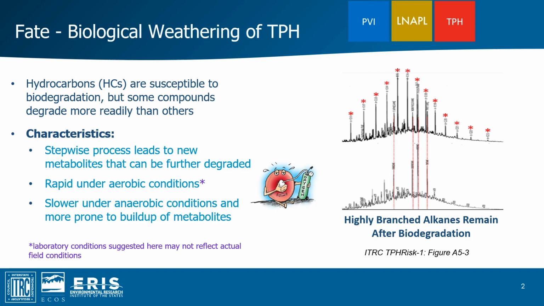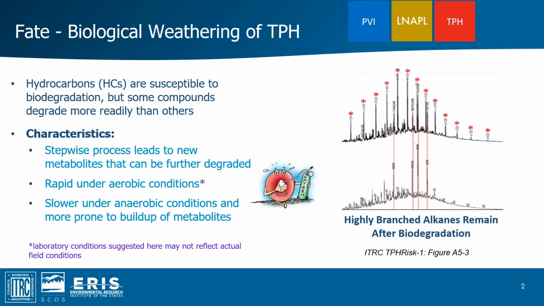If microorganisms have plenty of oxygen to support their respiration, they will biodegrade TPH faster versus microorganisms with limited or no oxygen present, which not only slows the rate of biodegradation, but also produces methane and more petroleum metabolites, which will require further biodegradation.